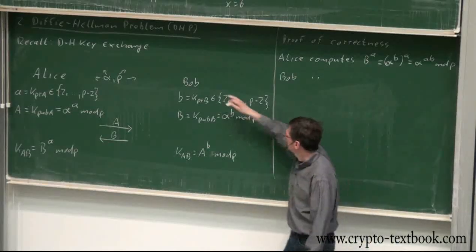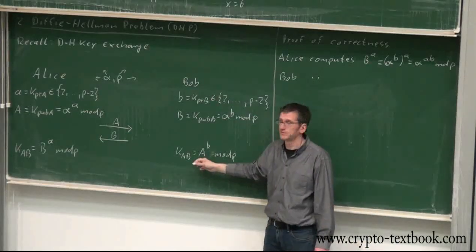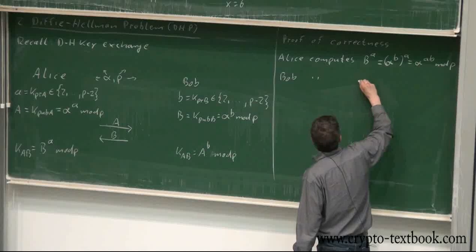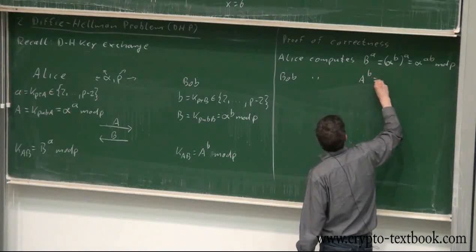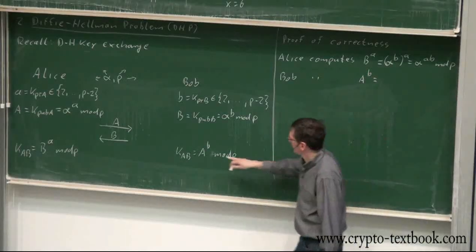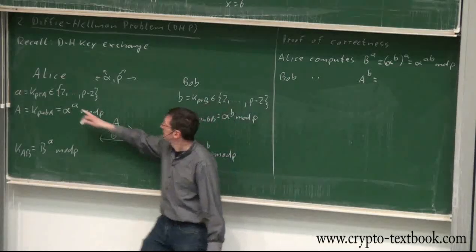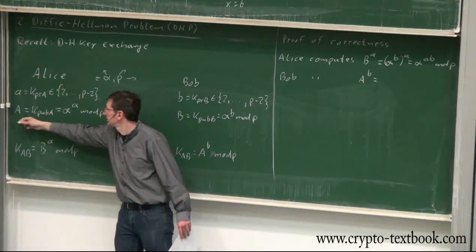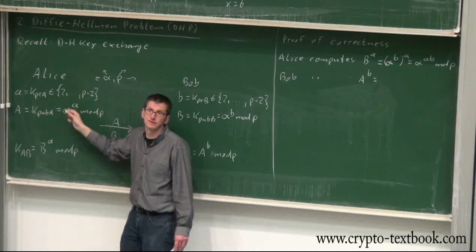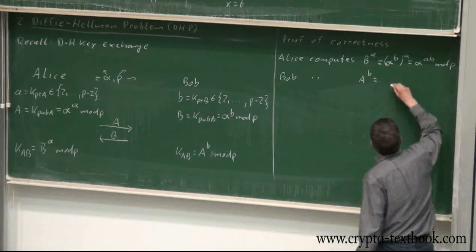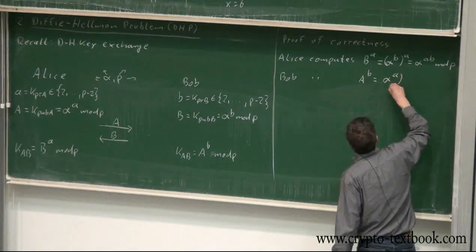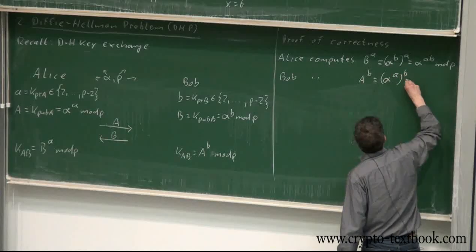Bob computes, let's look at what our friend Bob is doing. He's computing A to the B. Where's uppercase A coming from? Well, it's coming from here over the channel. And Alice computed her public key in this way, alpha to the lowercase a. Again, we substitute alpha to the lowercase a, to the bth power.